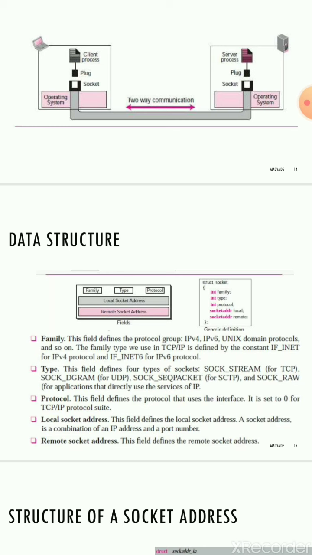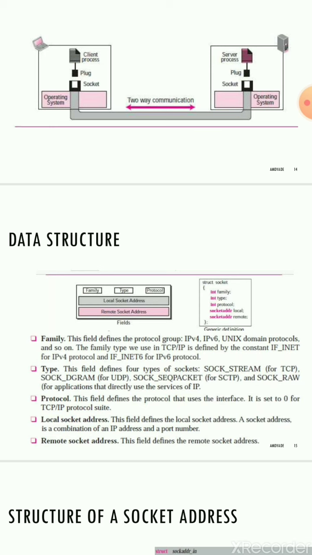For TCP/IP, this is defined by the constant AF_INET for IPv4 and AF_INET6 for the IPv6 version. So family defines the type of version of IP address we are using to connect with the internet or for socket communication.